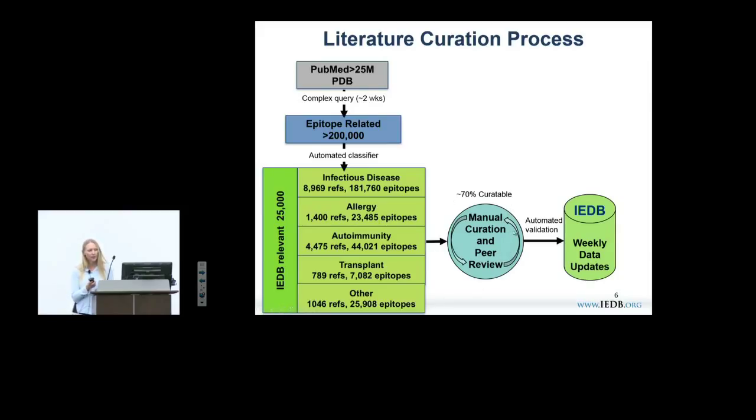The curation team reads the manuscript and enters all of the experiments into the database, and then another curator will read the same manuscript and review the data previously entered. And they work together to complete all of the fields that we capture. And once a week, new data is pushed to the external website and becomes publicly available. And that is about 15 to 20 new publications per week.